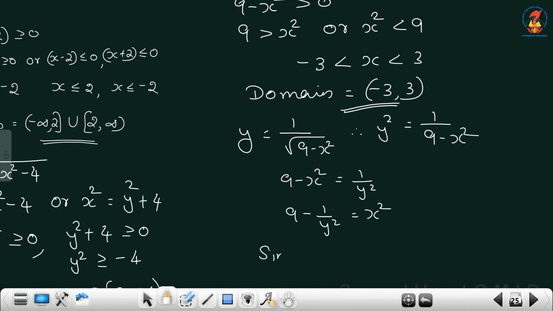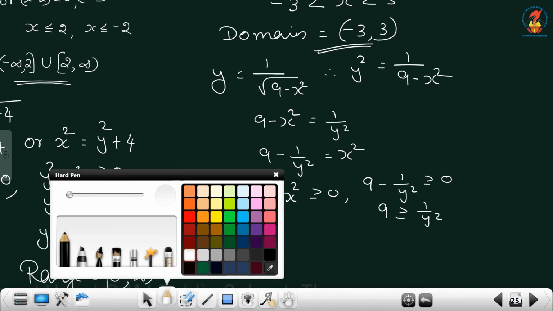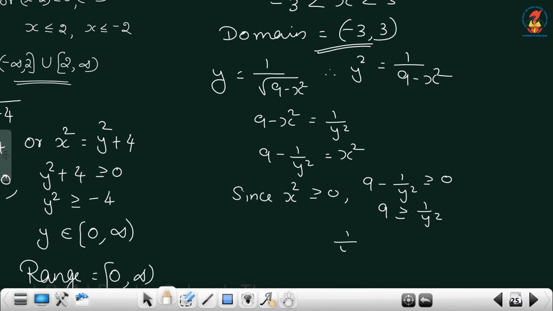Then since x square is 9 minus 1 by y square, it is greater than or equal to 0, or 9 is greater than or equal to 1 by y square, or 1 by y square is less than or equal to 9. One more thing, y square I can take here. Okay, y square is greater than or equal to 1 by 9.